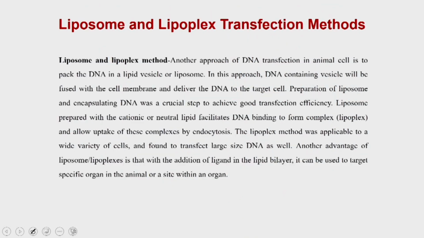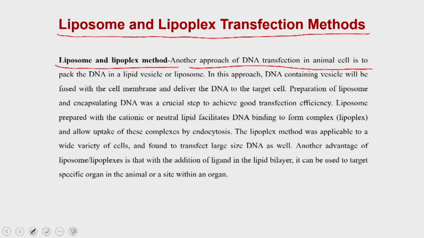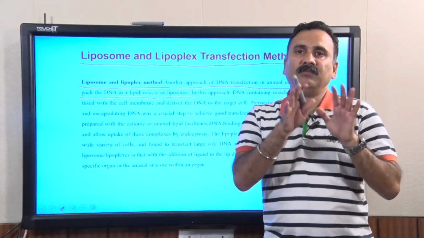Now, the second approach is called liposome and lipoplex transfection method. The liposome transfection method is an alternate approach where you pack the DNA in a lipid vesicle, or the liposome. You know that if you take lipid vesicles and sonicate, they will rearrange and form liposomes.